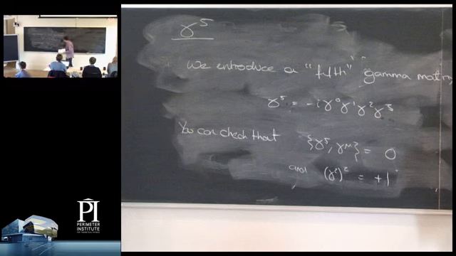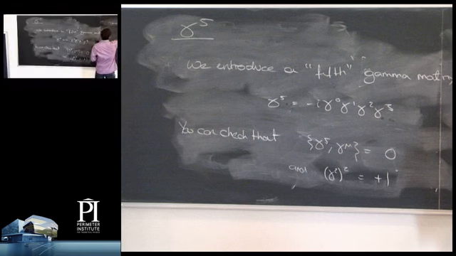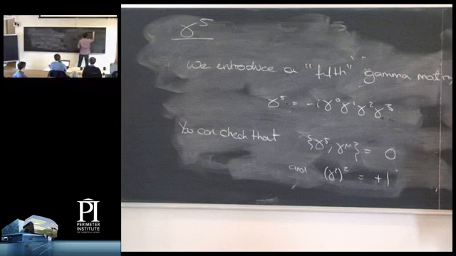Okay, now the crucial point is that back in 4 dimensions, this guy squares to 1. So since gamma 5 squared equals 1, we can define a projection operator.